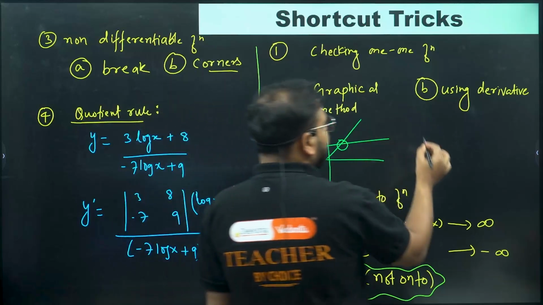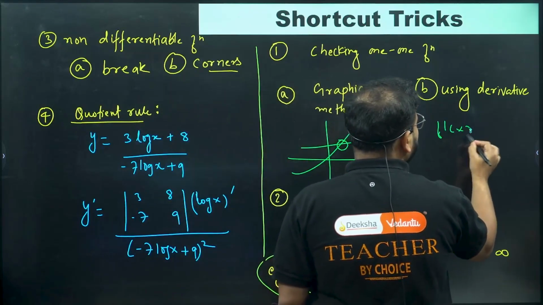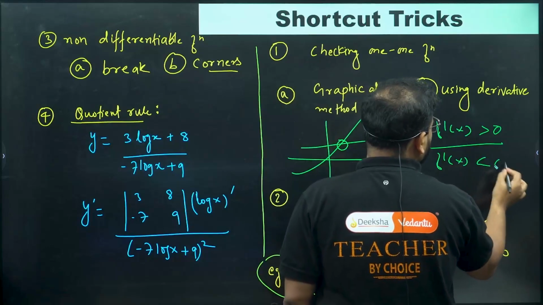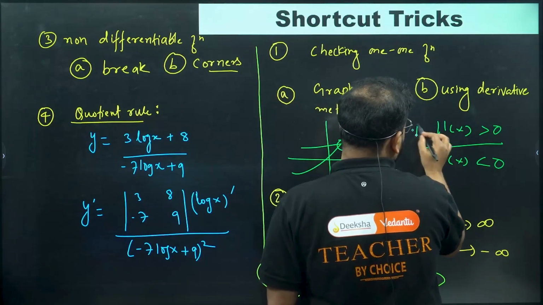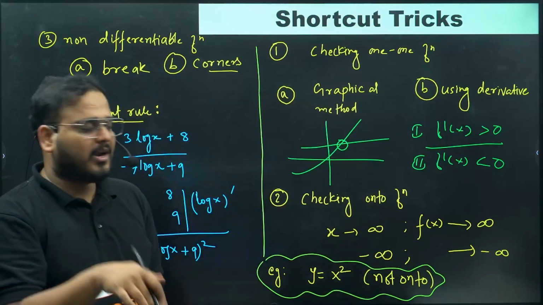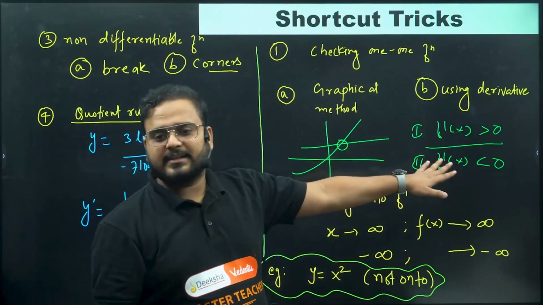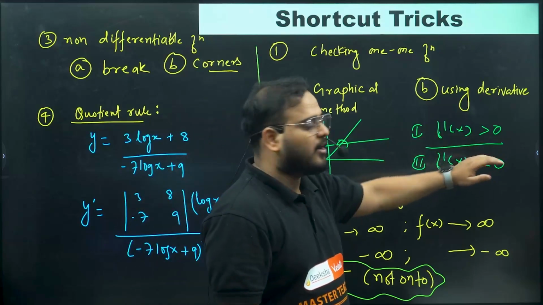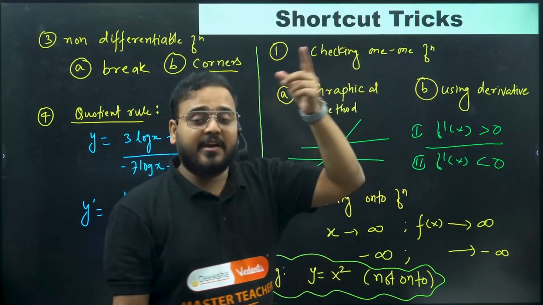Using the derivative, if you have f dash of x more than 0, or f dash of x less than 0. Please understand this, not together. Either it is more than 0 or less than 0, and in either case, what are you going to do? Simply take that function to be increasing in nature, or decreasing in nature, and it will be one-one.